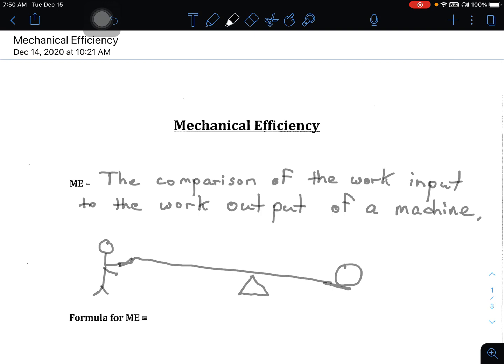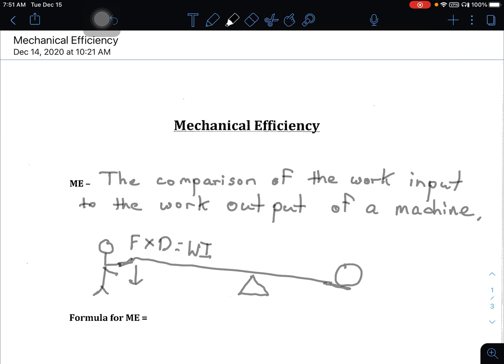So this person is going to apply a force to this lever here. Okay, and they are going to move the lever on their end a certain distance, right? Those two things multiplied together are going to equal what's known as your work input on the lever. Okay, what the user of the machine does to the machine.